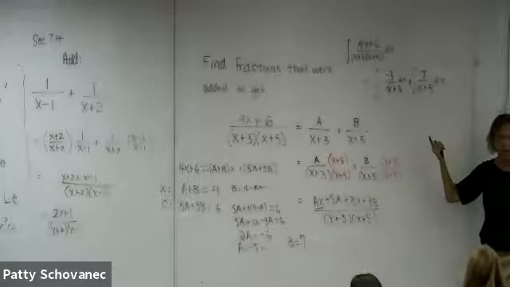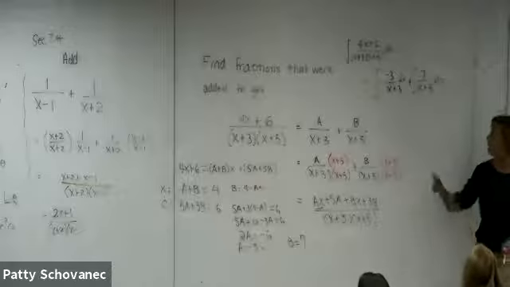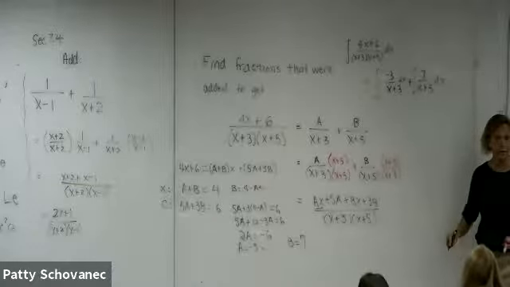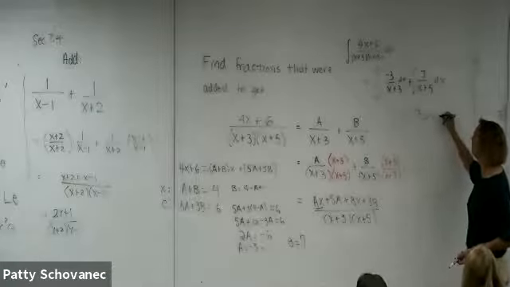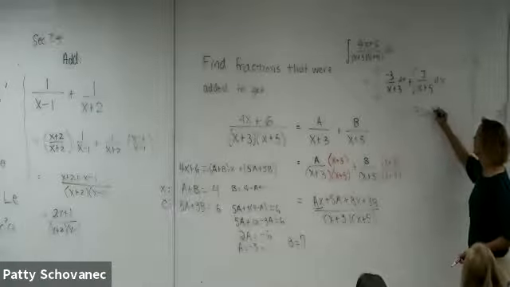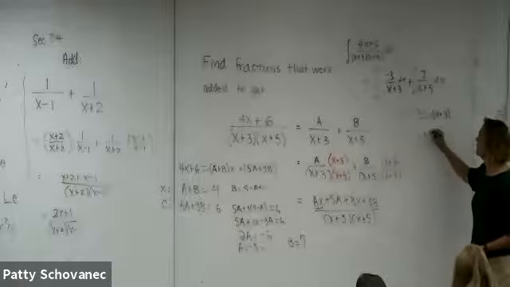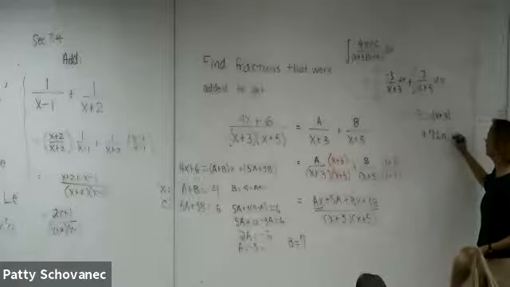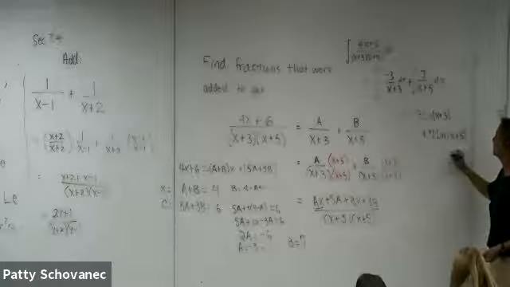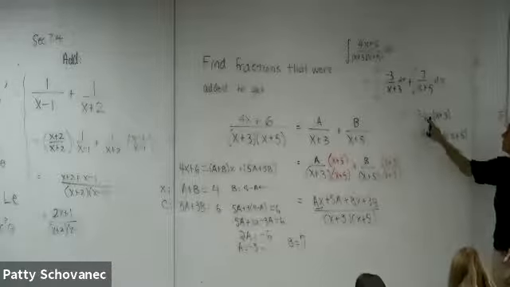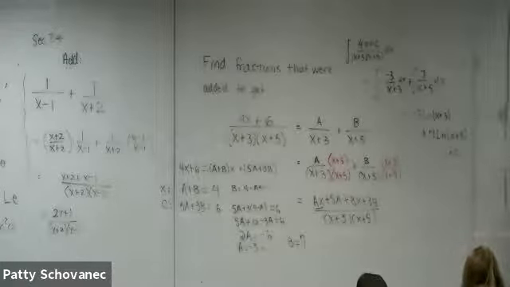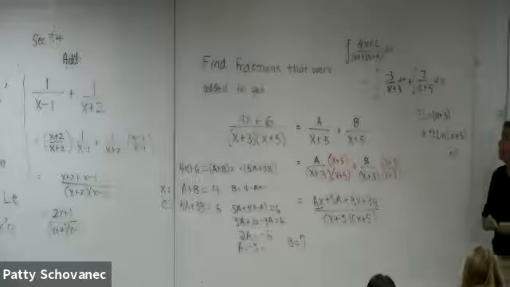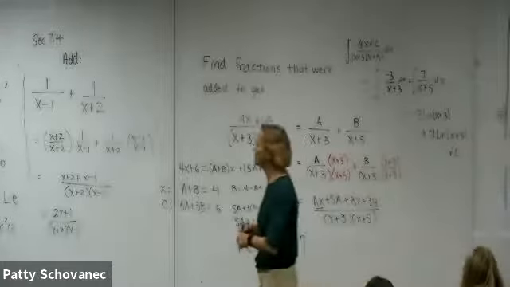They're both natural logs without any additional constants that I need to factor out. Then we get minus 3 times the natural log of x plus 3 plus 7 times the natural log of x plus 5. So that's the easiest example. This is called partial fraction decomposition.